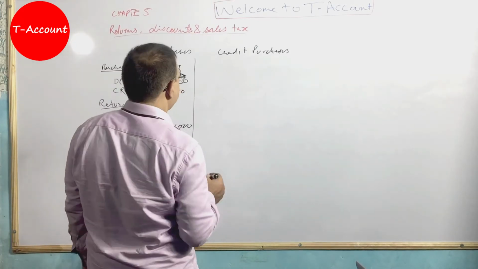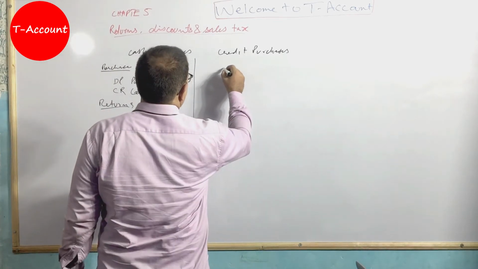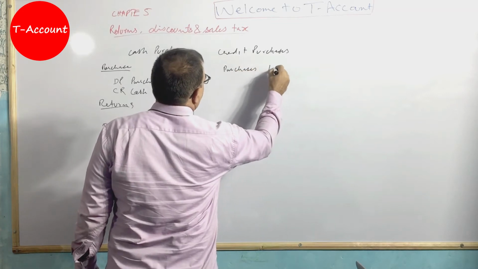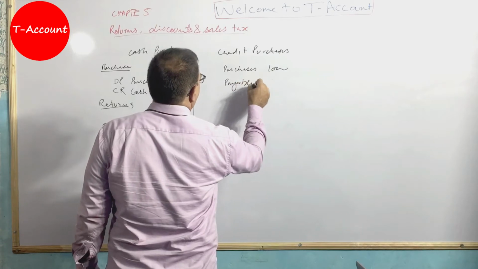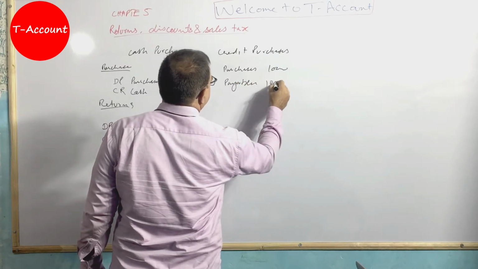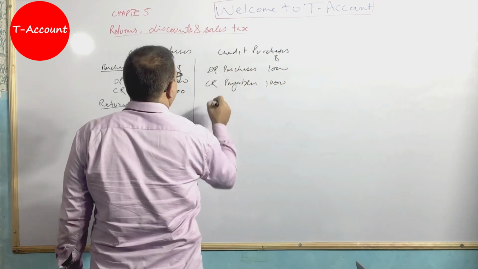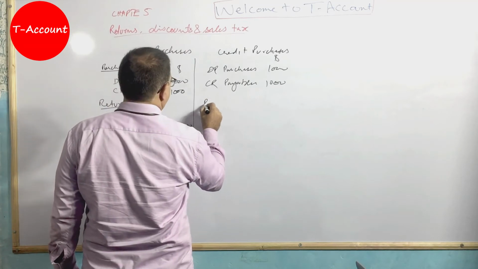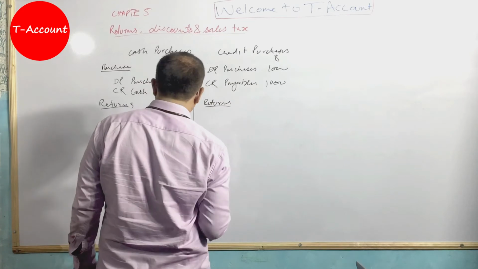What if you do it for credit? So you had payables. Debit purchases 1000, credit payables $1000. This was the purchase. And at the time of return, how will you deal with it?